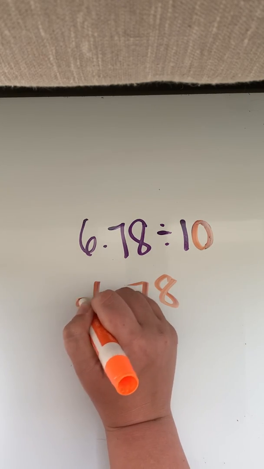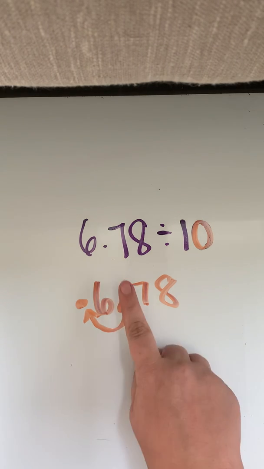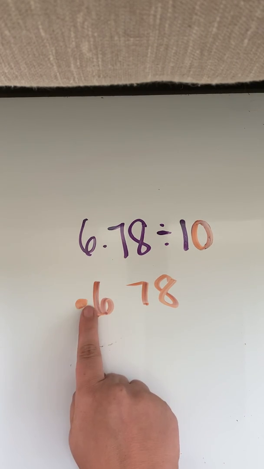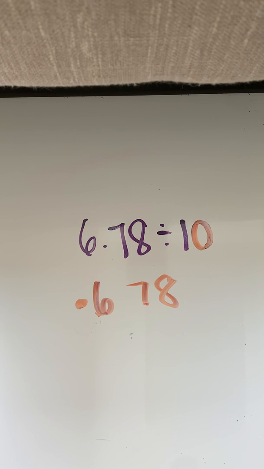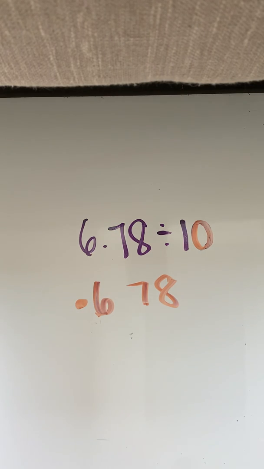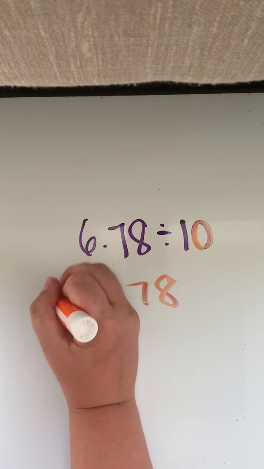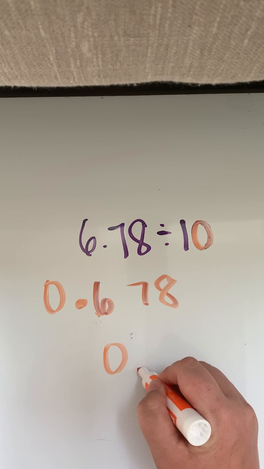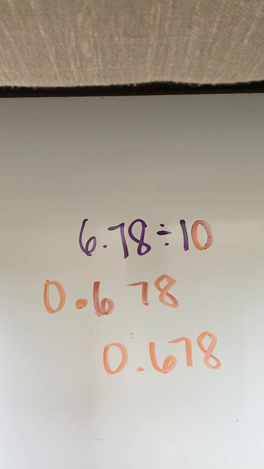Boop. There we go. And then I'm going to erase this so that my eyes can see it a little bit more easily. Am I going to leave it like this, Madison? No. Oh, what do I need to put right there, Nurai? Good. I need to put a 0. And so my decimal is going to look like this. Kristen, remind us why we would not leave it like this.